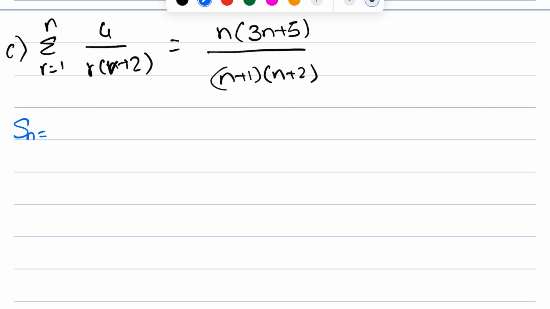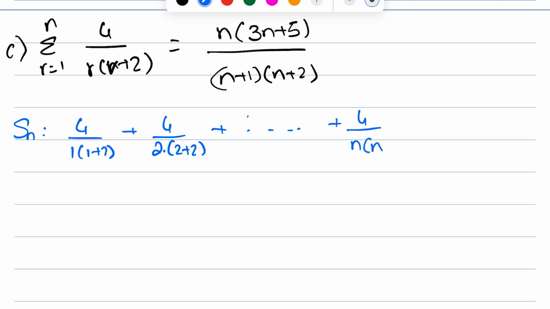Sn equals 4 upon 1 plus 2 plus 4 upon 2 times 2 plus 2 plus and so on, 4 upon n times n plus 2, equals nothing but how much? N times 3n plus 5 divided by n plus 1 times n plus 2.